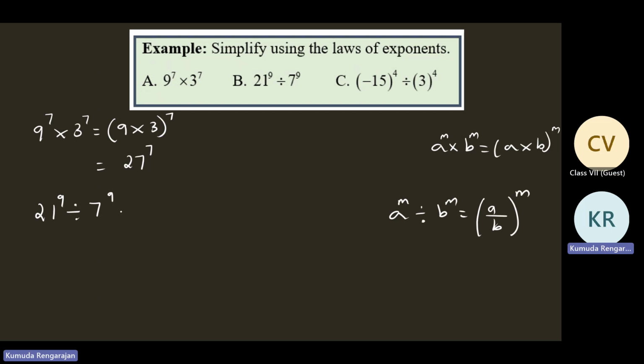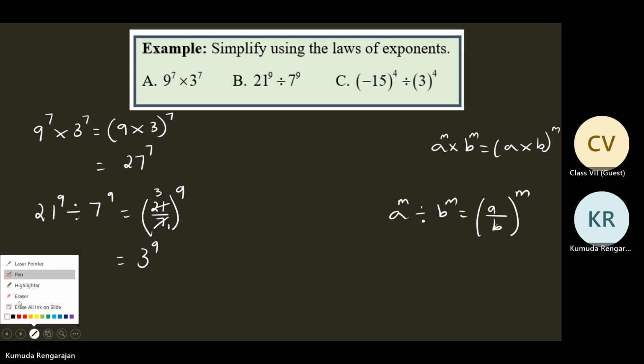So, Harini, what's the first step? Ma'am, 21 by 7, the whole raised to the power 9. Navneet, next step? I'm simplifying. 7 ones are and 7 threes are, which is basically 3 raised to the power 9.